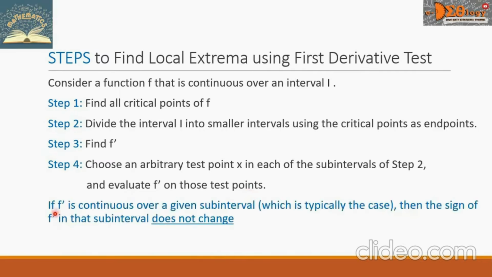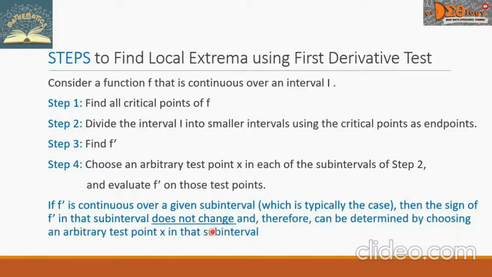If f prime is continuous over a given sub-interval, which is typically the case, then the sign of f prime in that sub-interval does not change, and therefore can be determined by choosing an arbitrary test point x in that sub-interval.